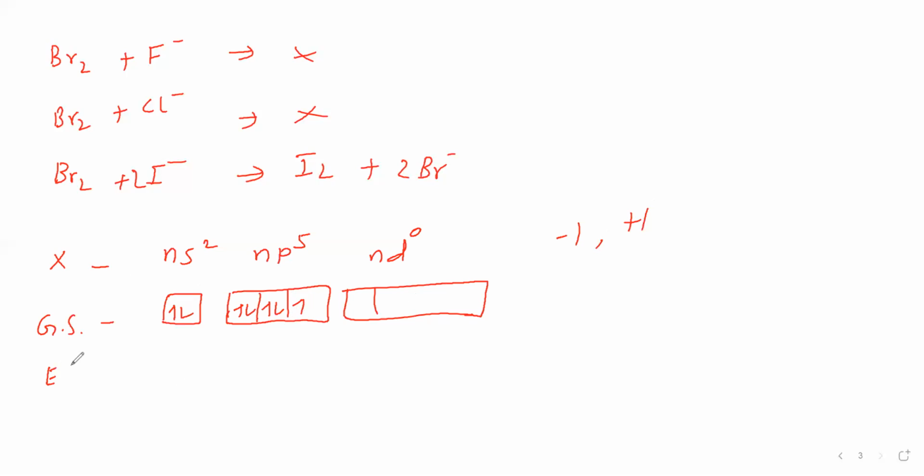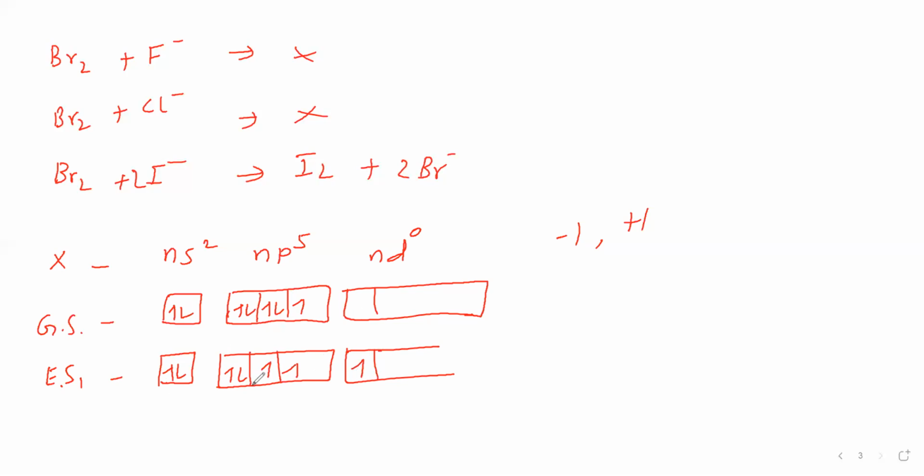Now, the first excited state we will see. First excited state means a p electron gets unpaired and goes to the d orbital. It is not possible in fluorine, because the d orbital is not there.